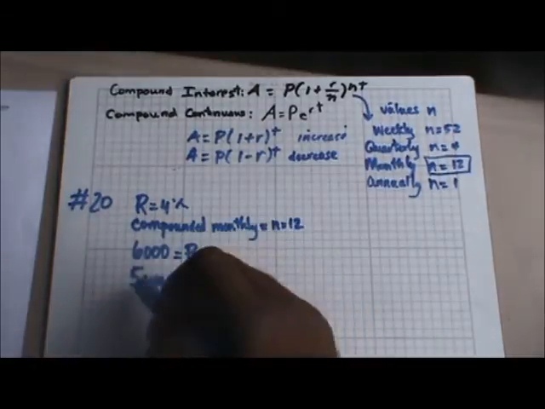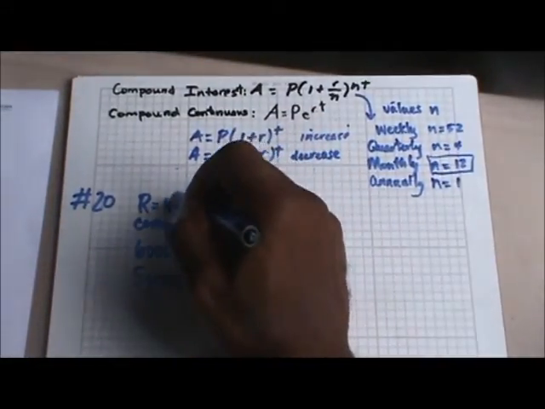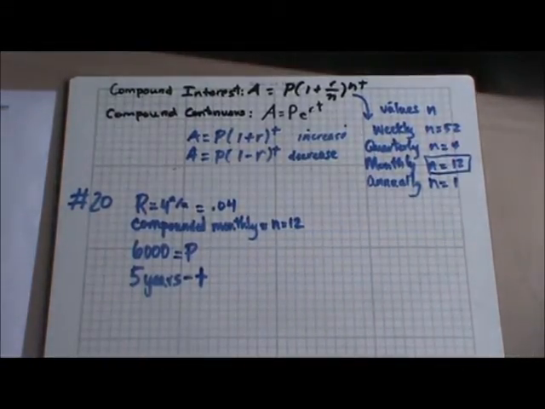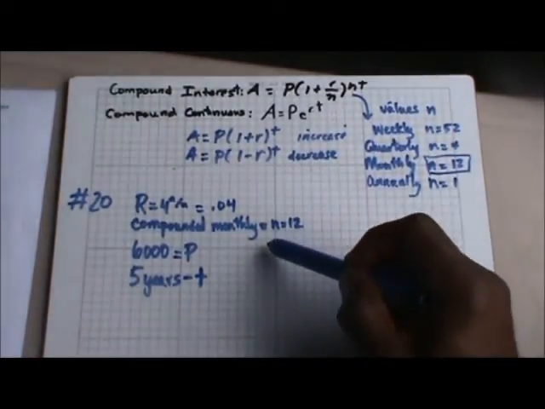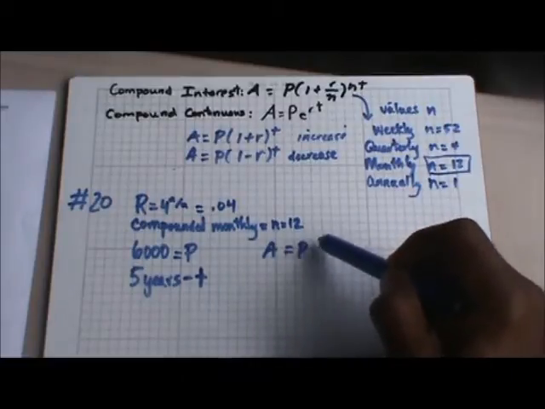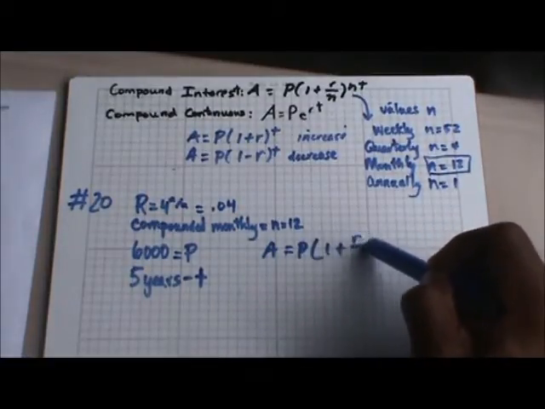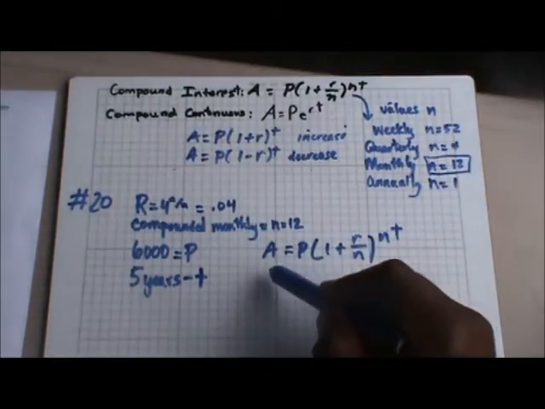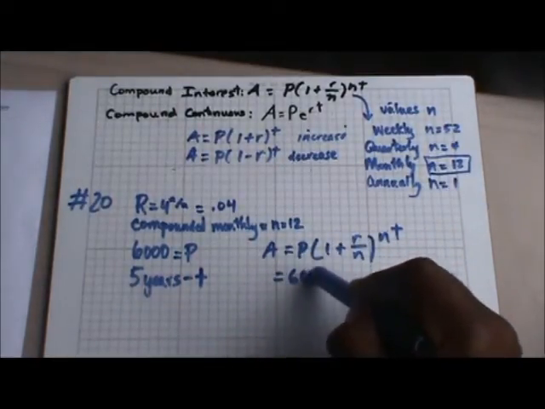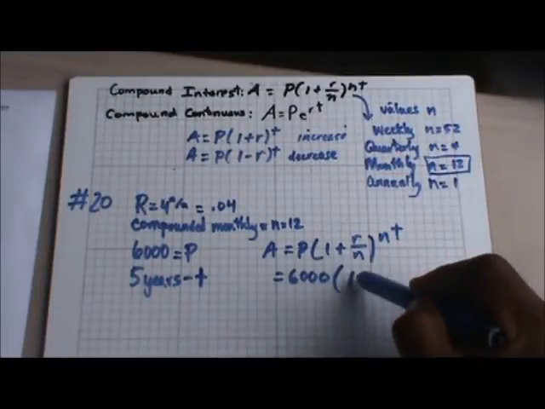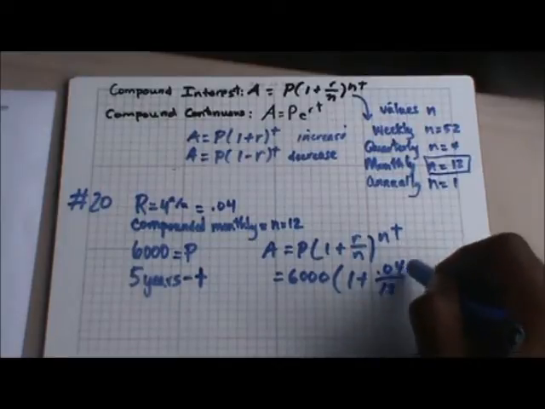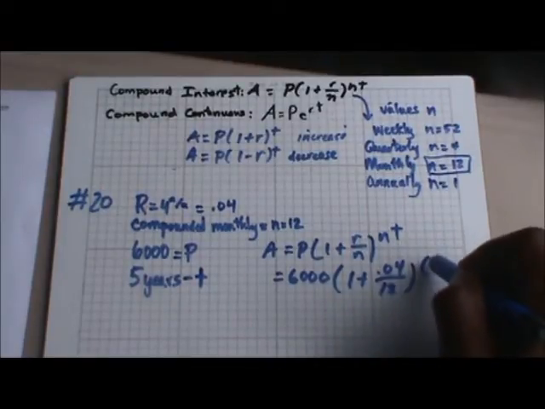We have our P, we have our t. We want to change this 4% into 0.04, and we have everything we need. A is equal to P times 1 plus r over n, to the nt. So we have 6,000 times 1 plus 0.04 over 12, to the 12 times 5.